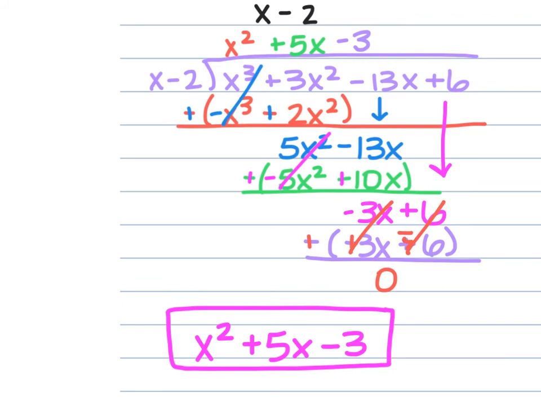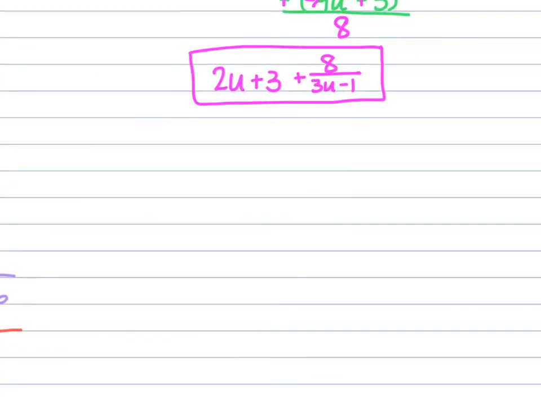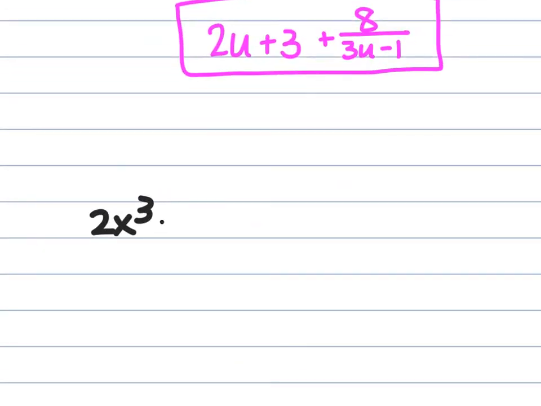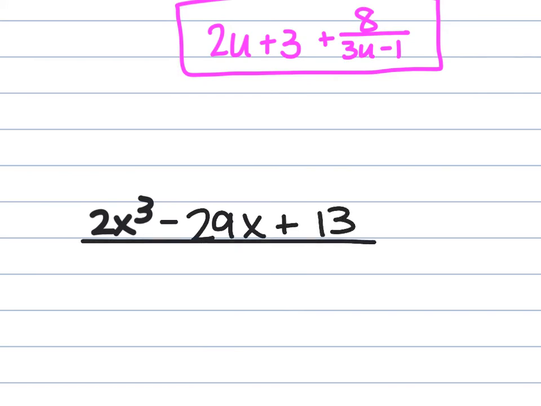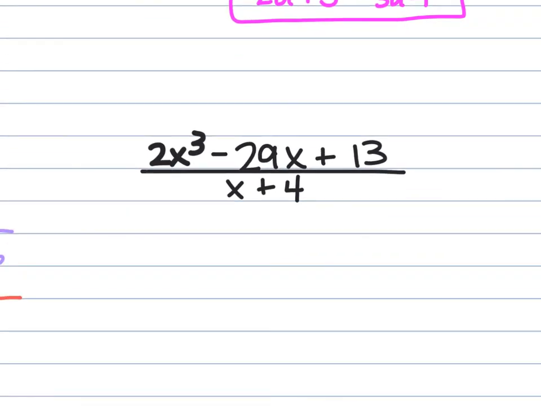Now, if we look at another example, like 2x cubed minus 29x plus 13 all over x plus 4. So that x plus 4 will go on the outside like usual.